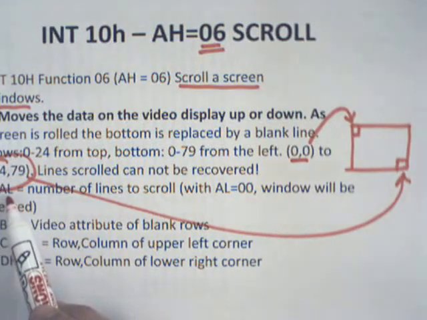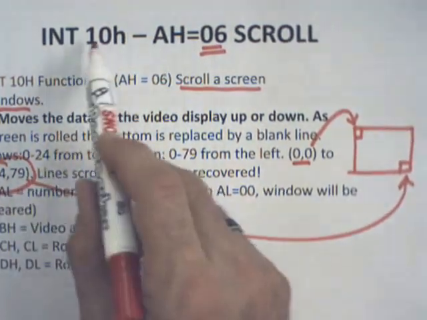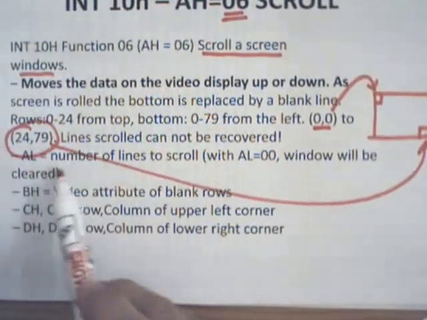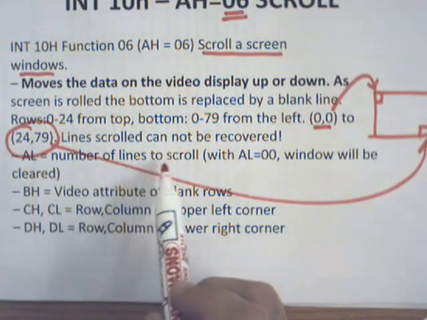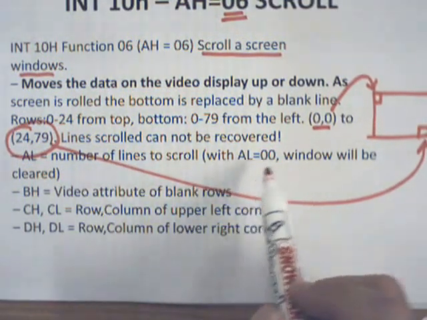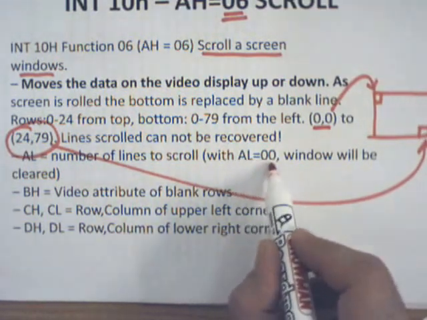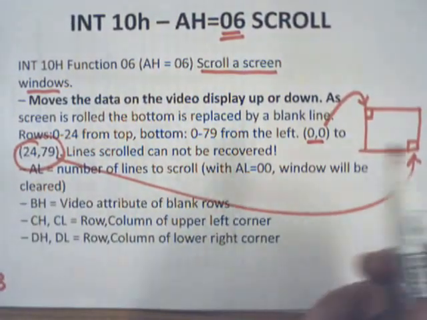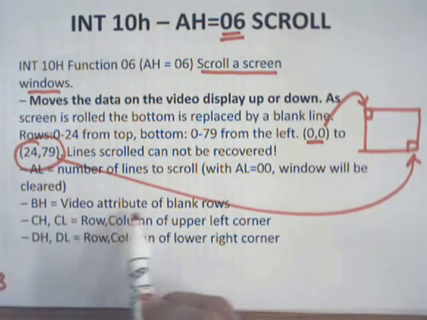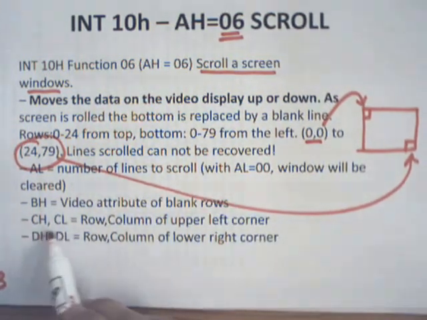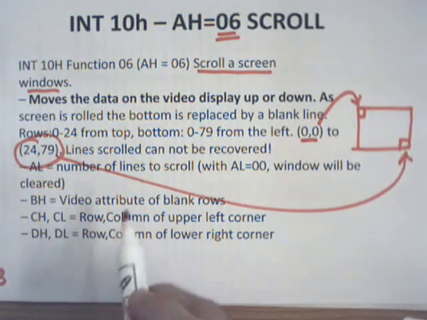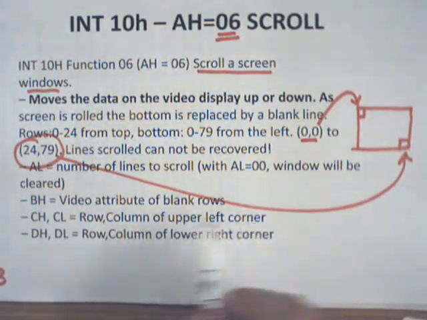So AL this time, before calling that INT 10H, AL has the number of lines to scroll. The only exception is AL 00, where the window will be cleared. BH is the video attribute of blank rows. The C register contains the row and column of the upper left corner.